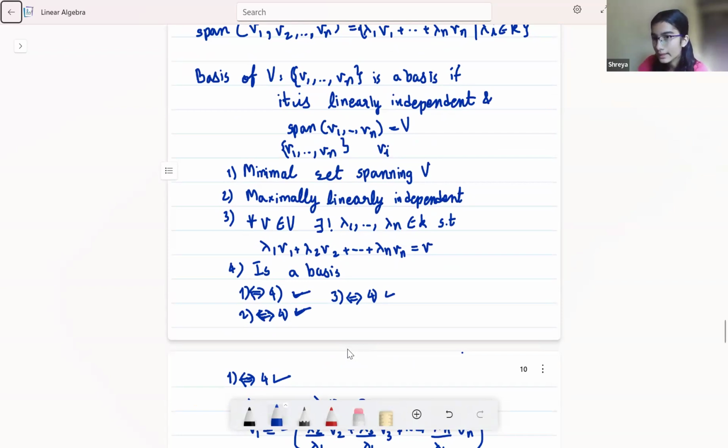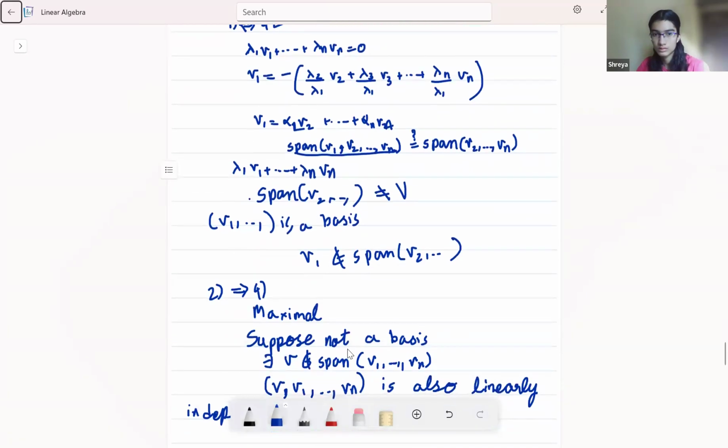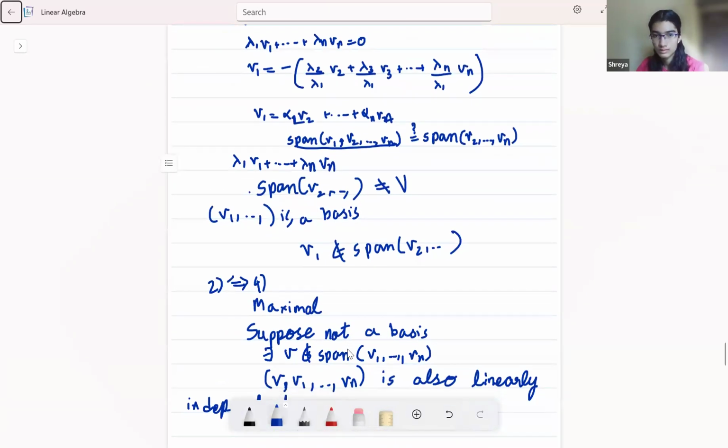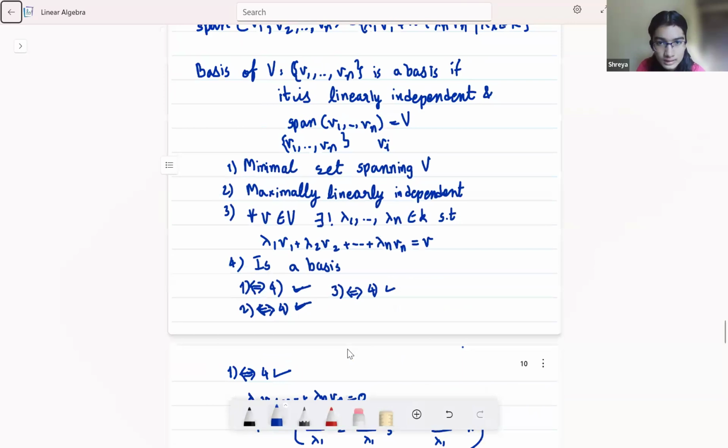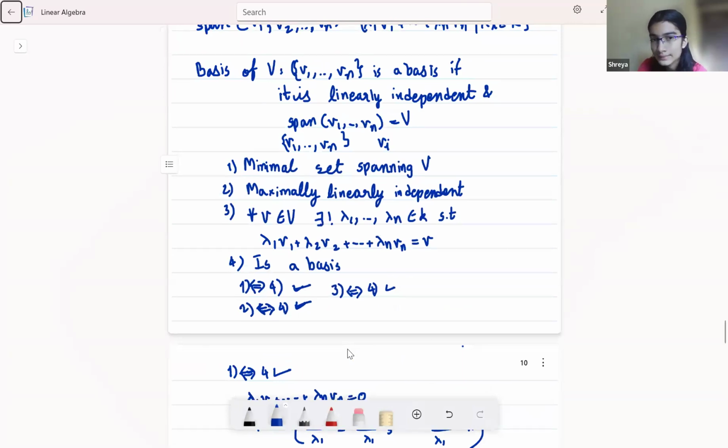If we add another element, it already belongs to the span of all the other things, because the basis is spanning V. So that already gives us the dependency equation. I'm being kind of sketchy over here, not being very rigorous, but hopefully you get the general idea.